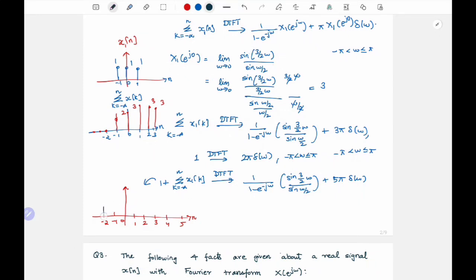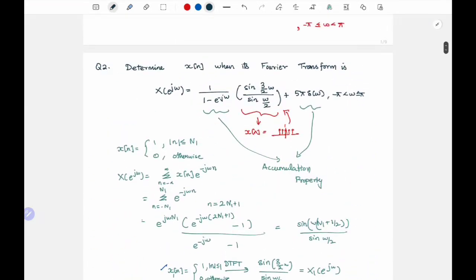So at minus 2 it is 1 and even before that it is going to be equal to 1, right? And then at minus 1 you have 2, at 0 you have 3, then at 1 you have 4 and from then on it is going to continue to be 4. So that is what is asked.